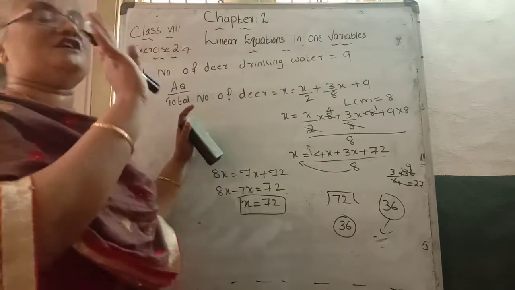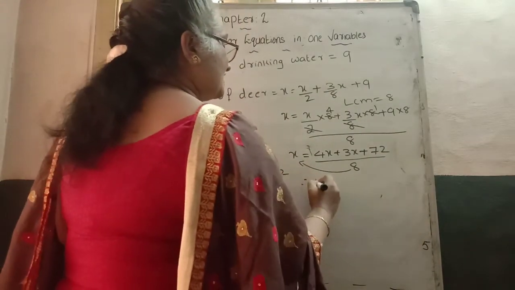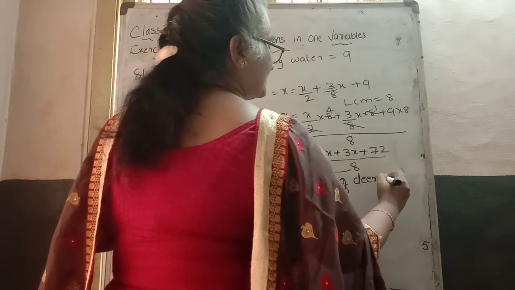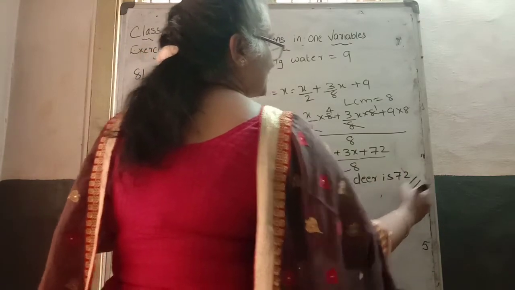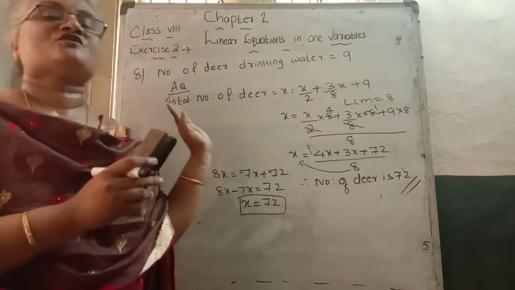That is the meaning of the question. So therefore, in the last line we can write the total number of deer is equal to how much? 72. So we get the number of deer becomes 72, is the meaning of this question.